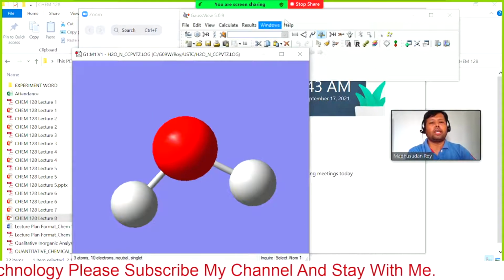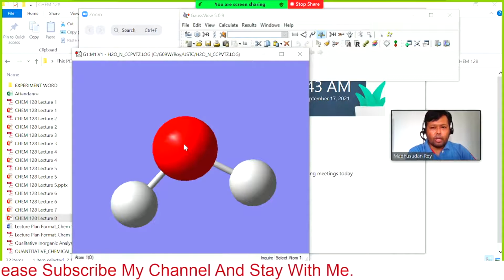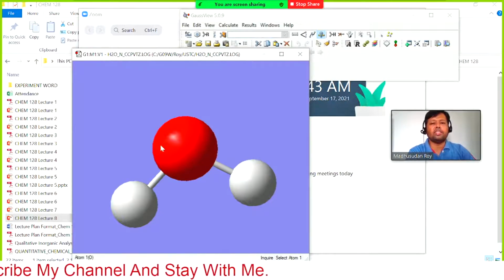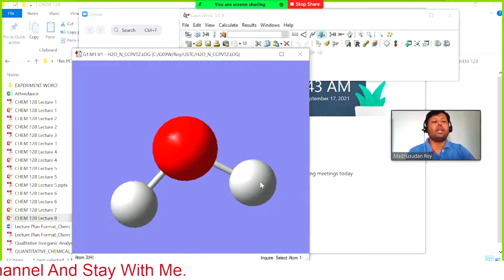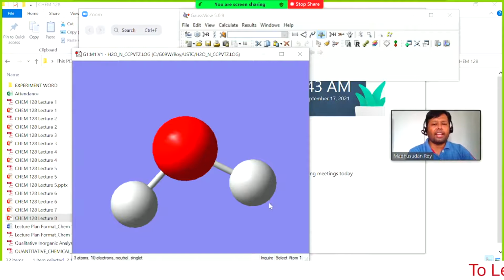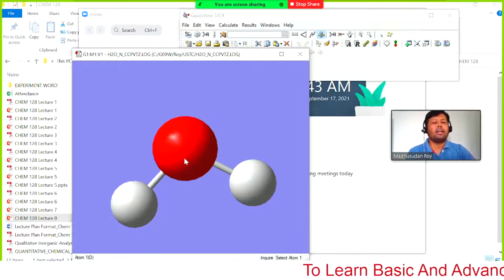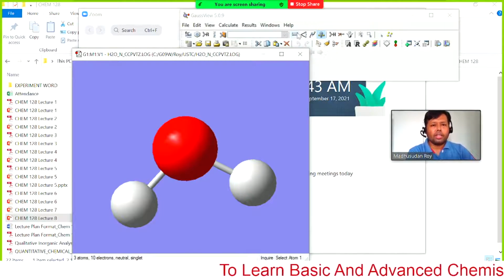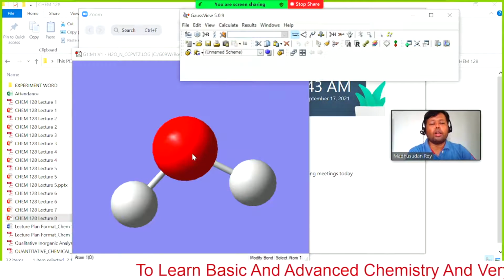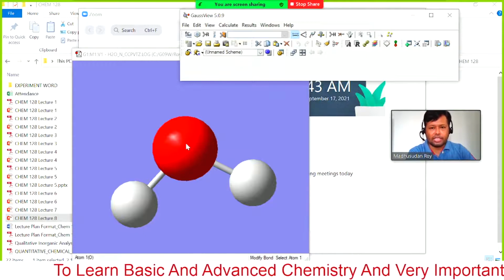I think you can remember, I had given the bond length for one of the hydrogens, hydrogen and oxygen, as 1.20 angstrom, and another I had given 1.0, and I had given the bond angle for hydrogen, oxygen, hydrogen as 120 degrees. So let us see how the bond angle and bond length have changed.